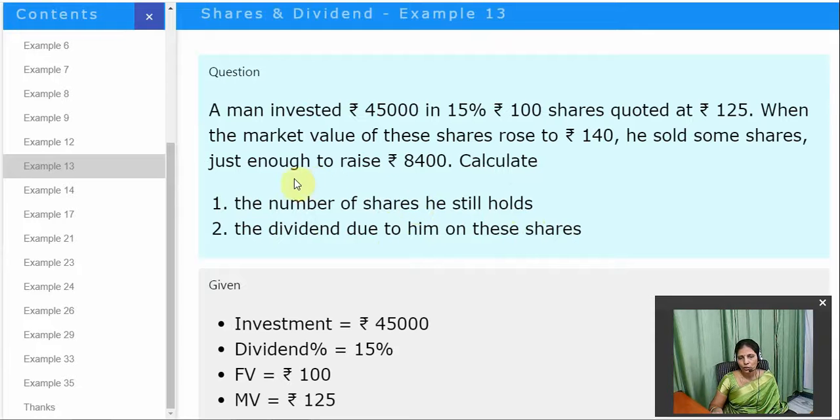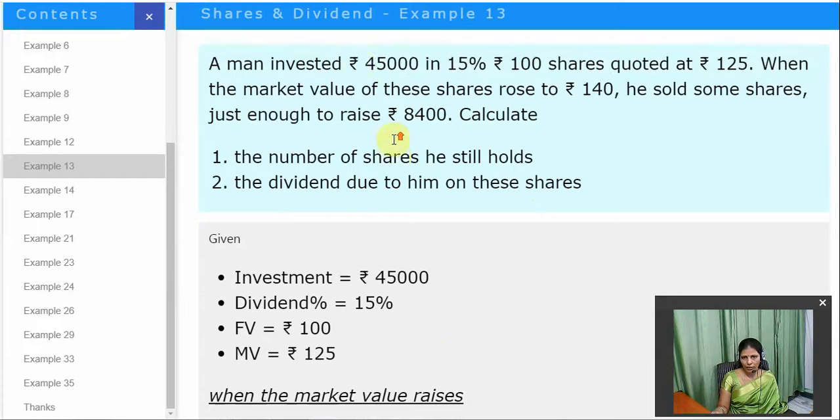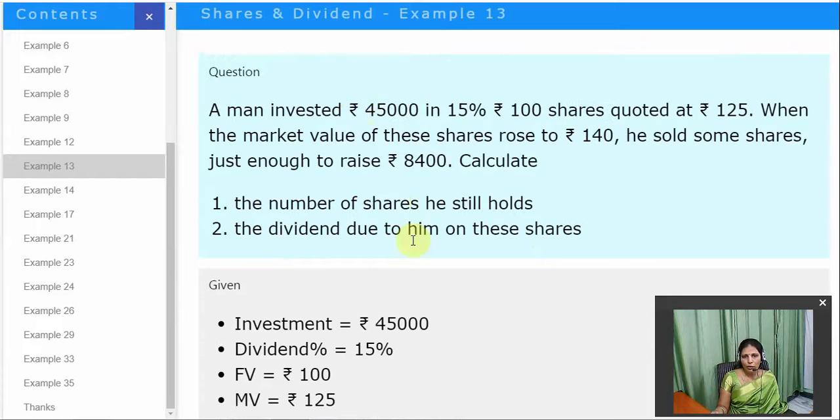So before you start the sum, you always have to read the question, understand it, and write what is given. Now in this question, 45,000 is the investment, so I wrote it here under the given data. 15% is the dividend percentage, 100 rupees is the face value, and 125 is the market value.